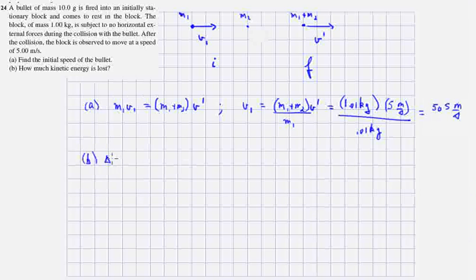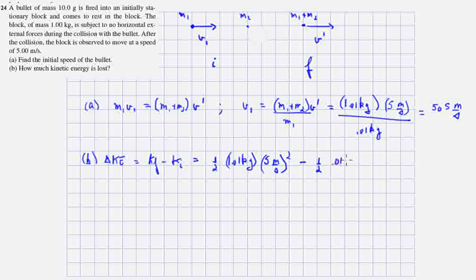Well, the change in kinetic energy is equal to the final minus the initial, and so the final kinetic energy is going to be equal to 1/2 times the mass of the block and the bullet times the velocity of the block and the bullet squared, and the initial kinetic energy is going to be 1/2 times the mass of the bullet times the velocity of the bullet squared.